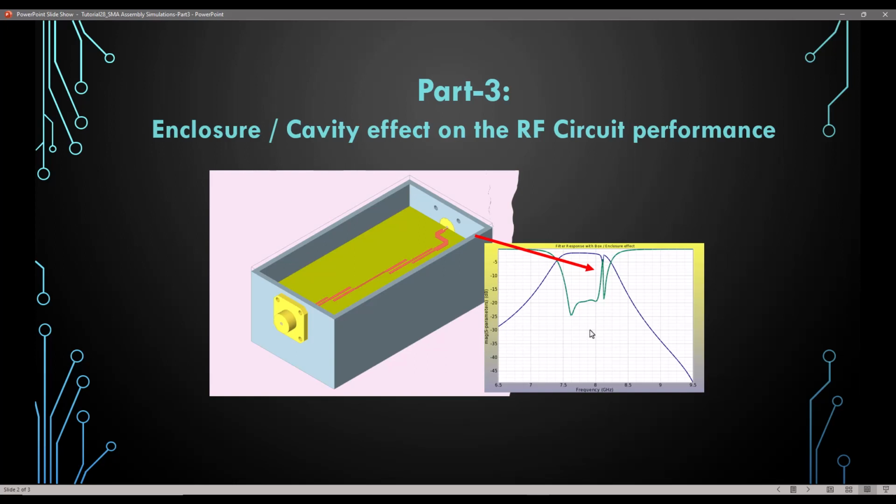Everything is at your fingertips, no matter whether you are doing active circuit design or passive circuit design. ADS has all the capability which you need to be successful and achieve success in your first pass, rather than trying to use a screwdriver on the test bench.